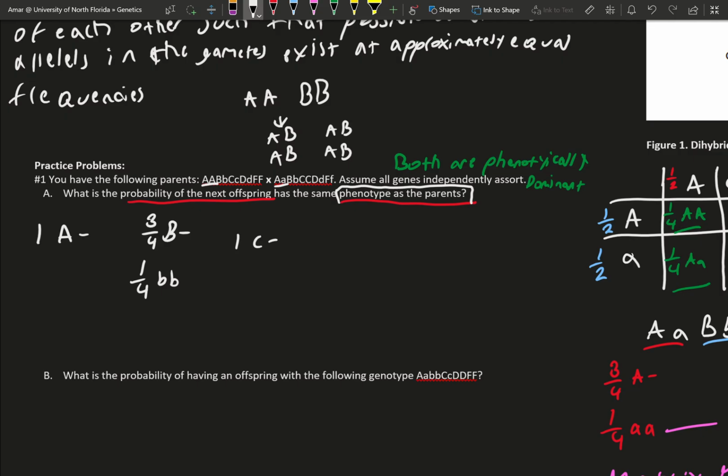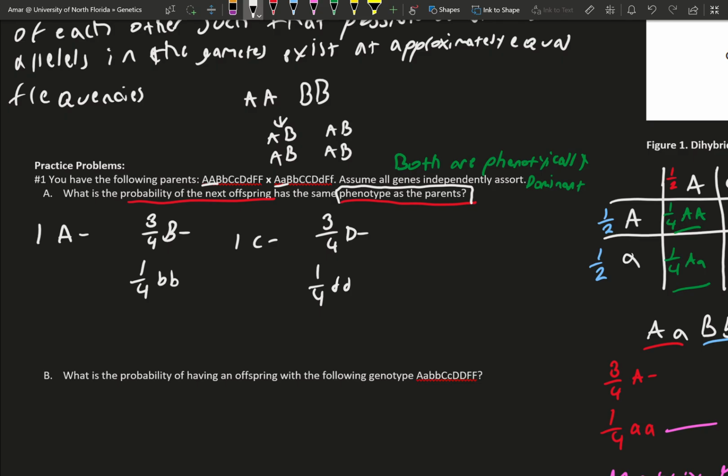And now we're crossing big D little d with big D little d. The probability of getting the big D phenotype is 3/4 big D and then 1/4 little d.